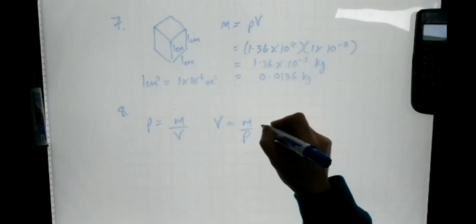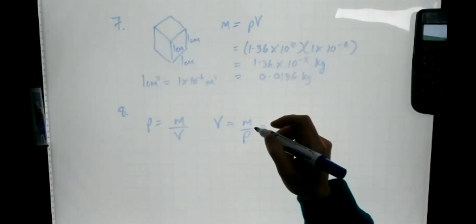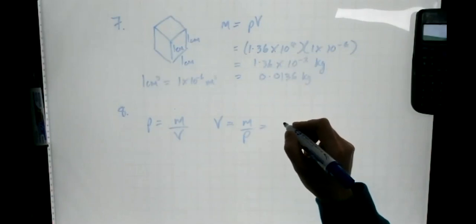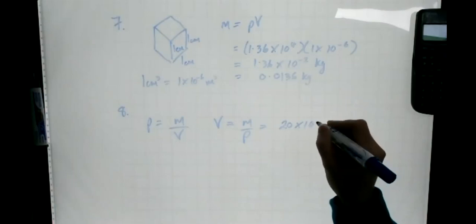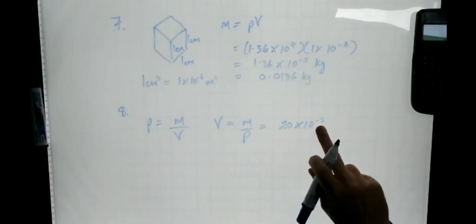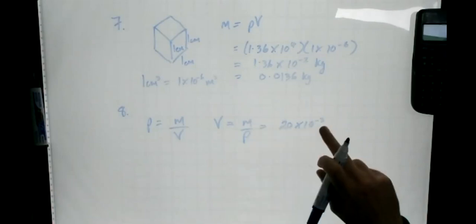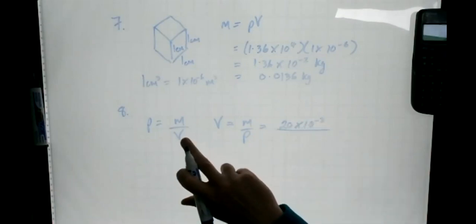So the mass is 20 grams, so 20 by 10 to the power of minus 3 kilograms, which is 0.02 kilograms.